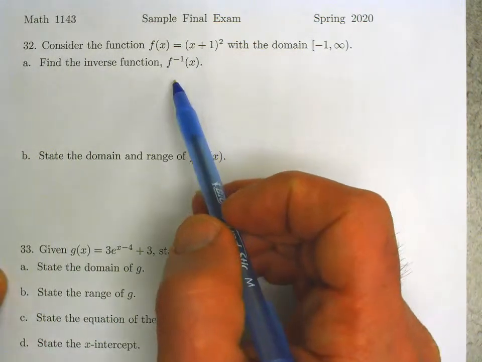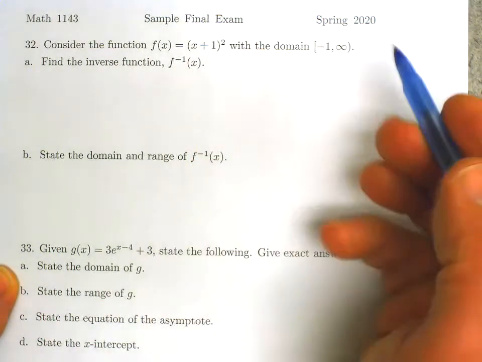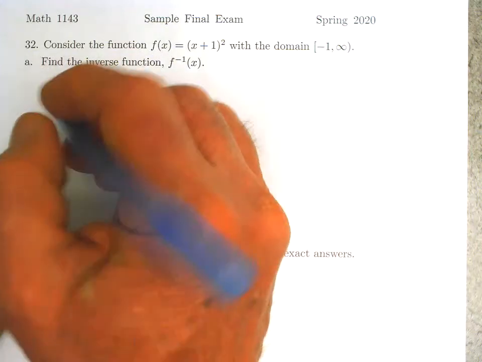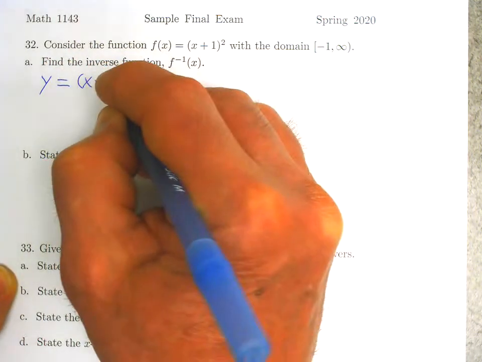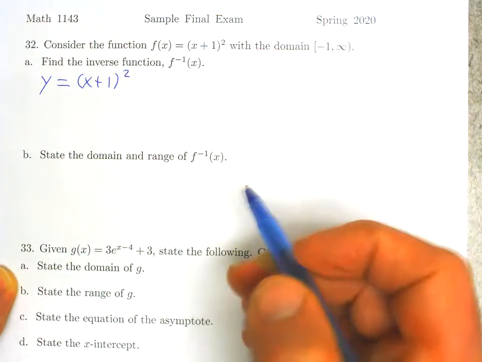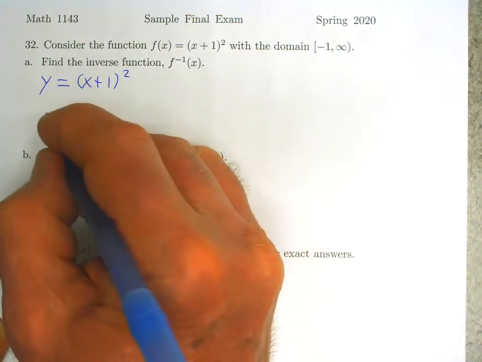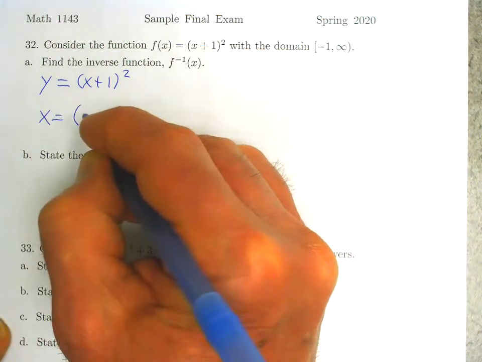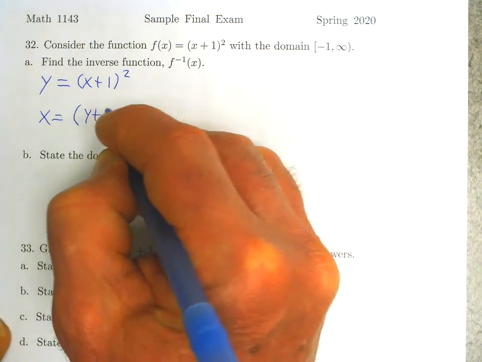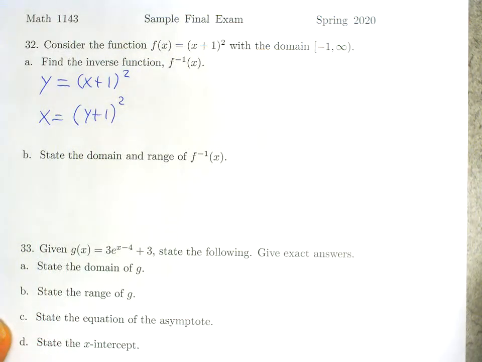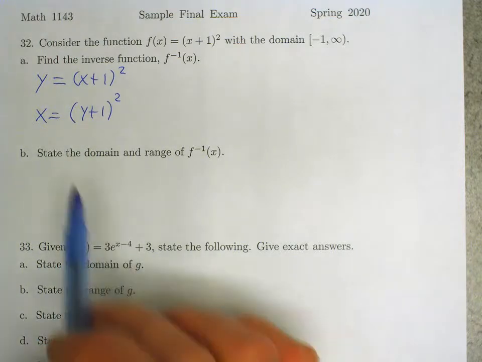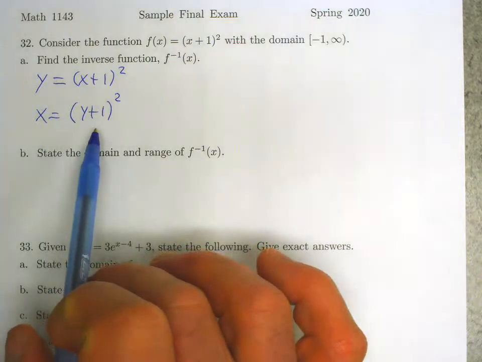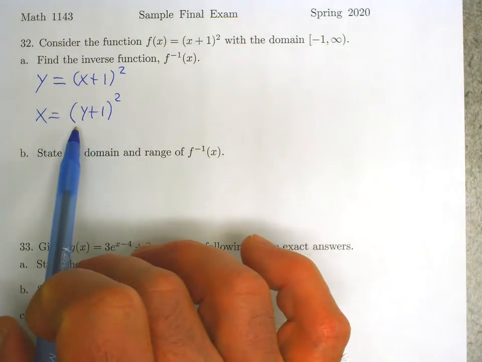Okay, to find a formula for the inverse, we go about it the same way. Replace f of x with y, so we get y equals x plus 1 squared. Then interchange x and y, so we get x equals the binomial y plus 1 squared. And then we're going to use the square root property. We want to solve for y, but y is inside this binomial squared.